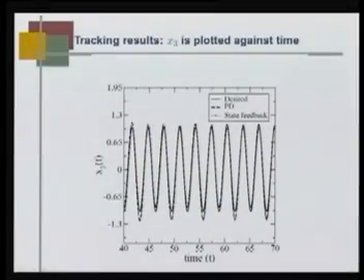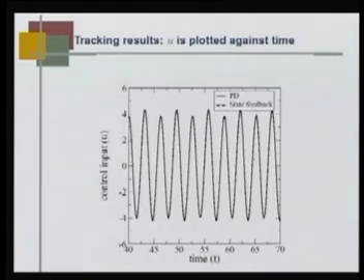So, the tracking here is not right, there is some large error here, otherwise tracking is proper. And for the control action, you can see both PD and state feedback behave almost similarly.